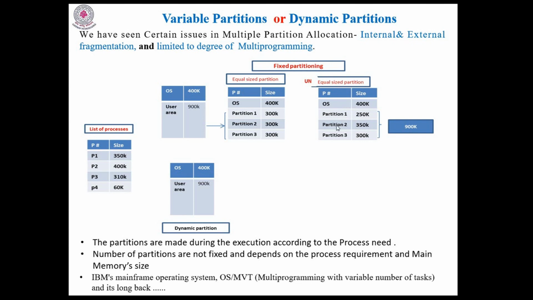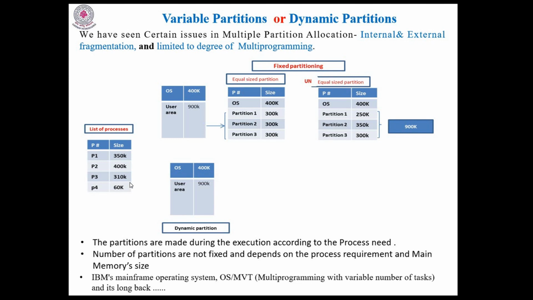But unequal sized partition is a little bit better than the equal sized partitions. Look into this process P1, 350. 350, an exact location I found. On comparing equal and unequal sized partitions, sometimes fixed size partition is better than unequal sized partition, and sometimes unequal sized partition is better than equal sized partition.